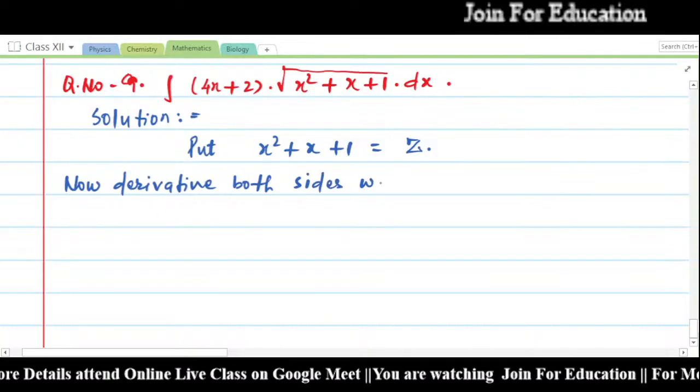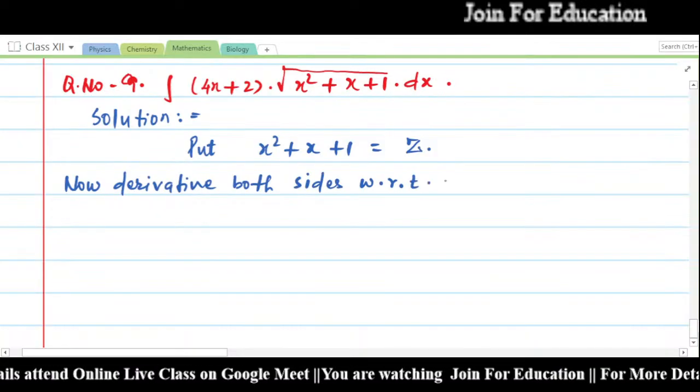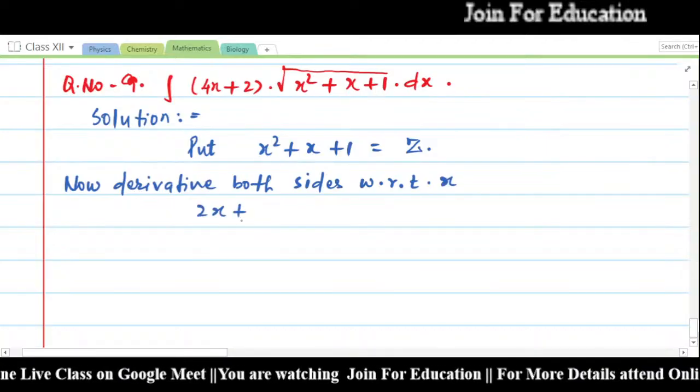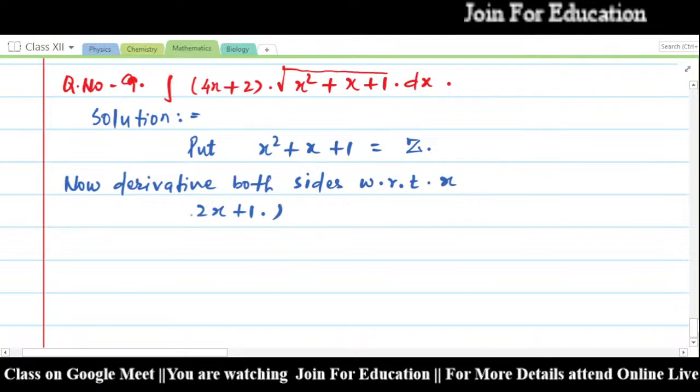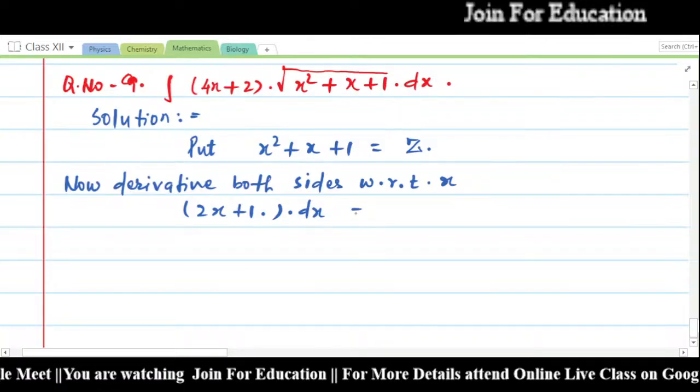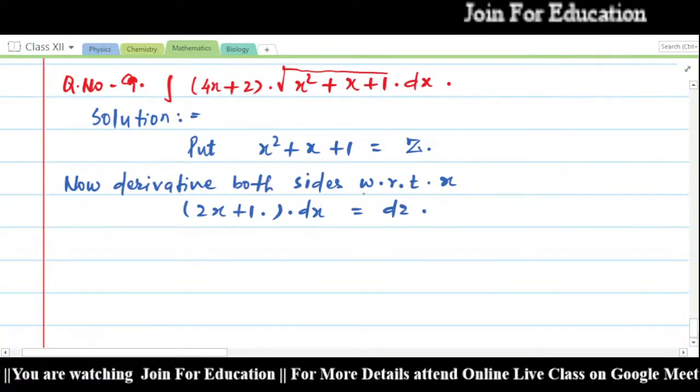Therefore, here it will be 2x plus 1 into dx equal to dz.